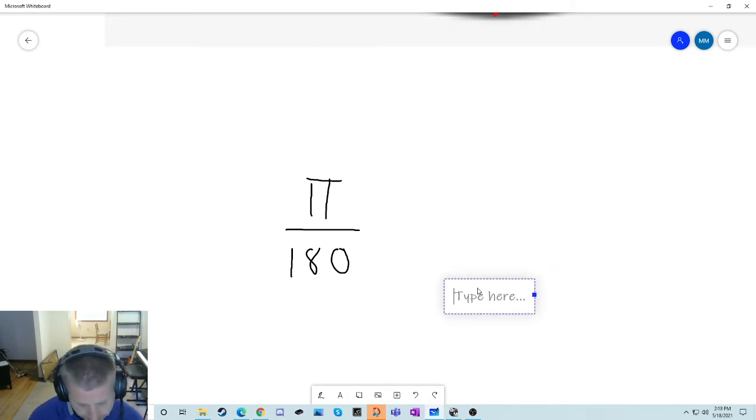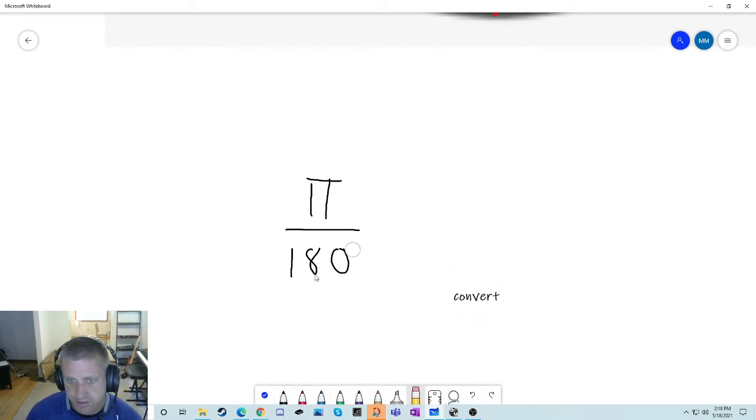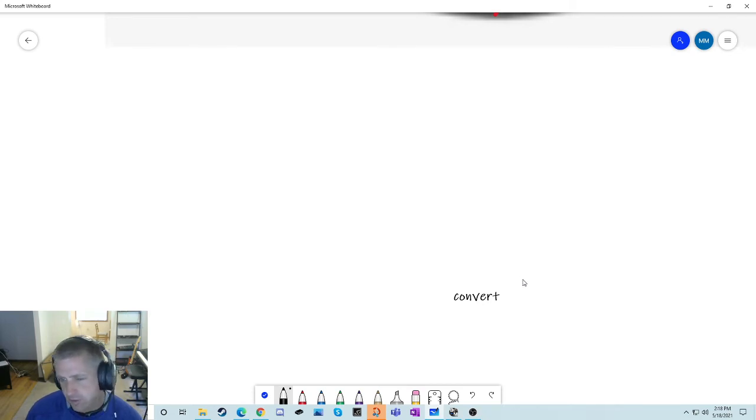We'll convert, let's just say, I'm going to erase this here. I'm going to convert radians to degrees here. So let's say we convert 3 pi over 4ths radians into degrees.